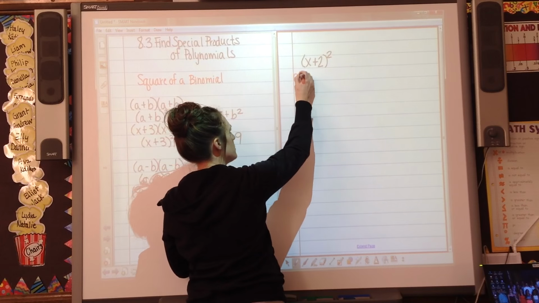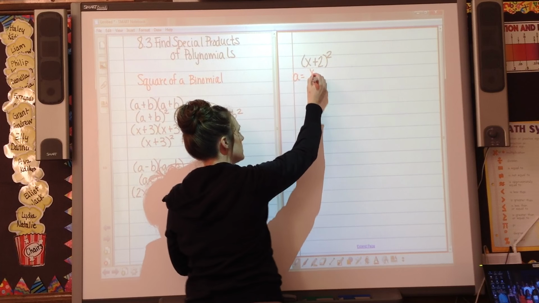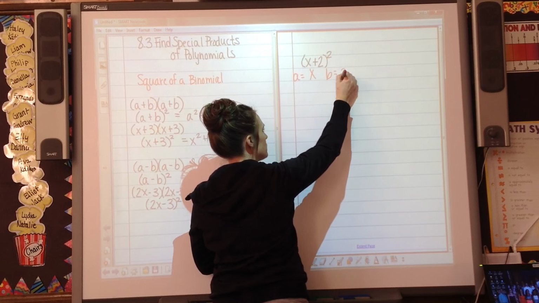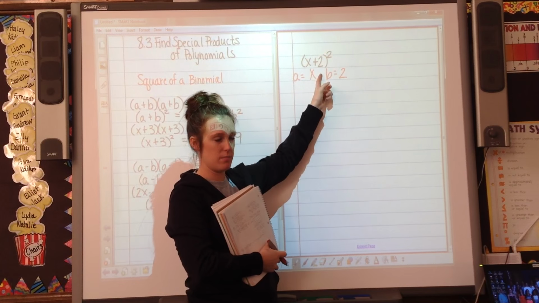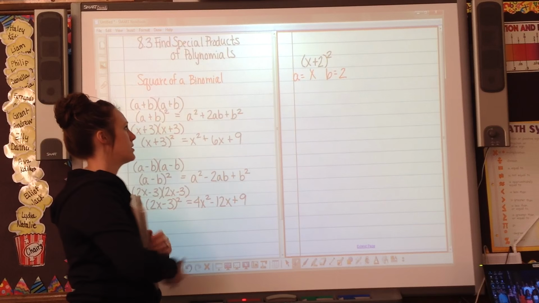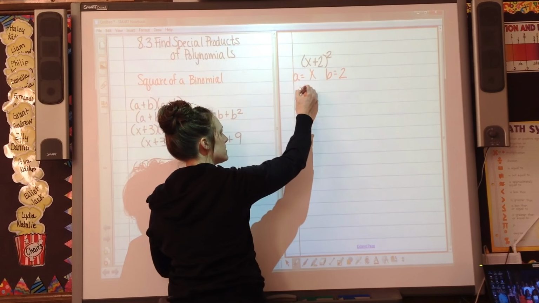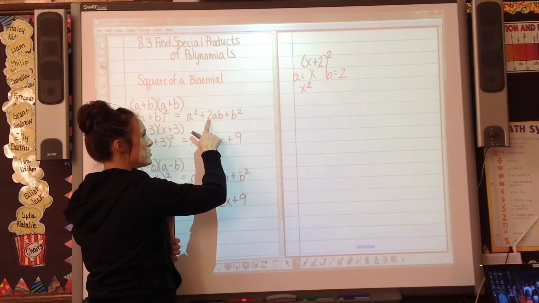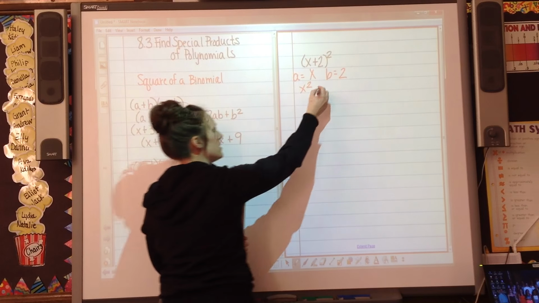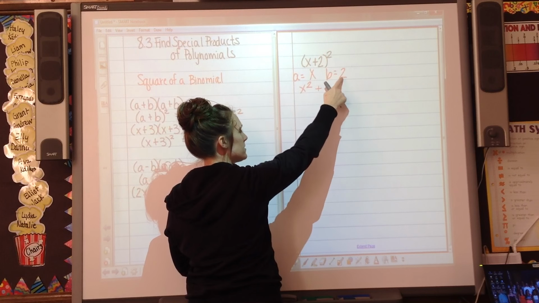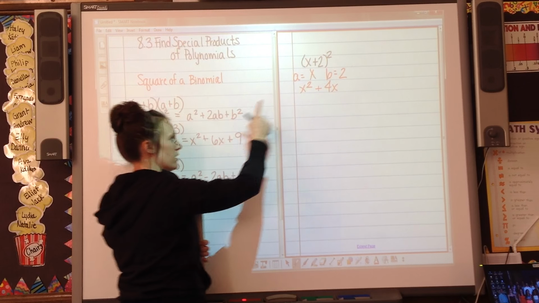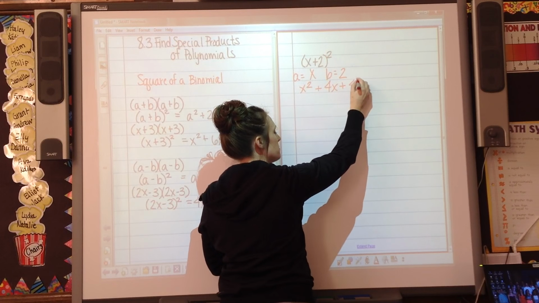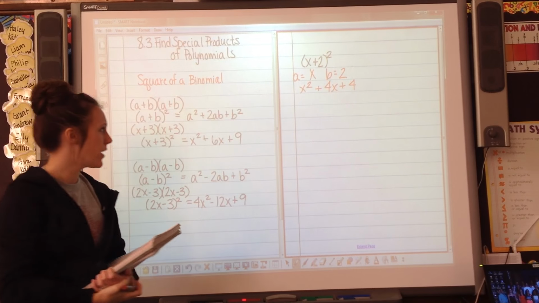My first term here is 1x, and my B term is 2. All I'm going to do with these two numbers, or letter and a number, is fill them into this formula. My a term is an x, so I square it. Plus 2 times a times b, plus 2 times x times 2, which is 4x, plus b squared. I square my b term. x squared plus 4x plus 4.